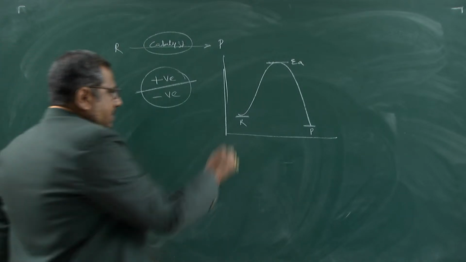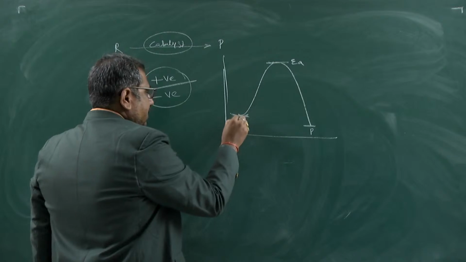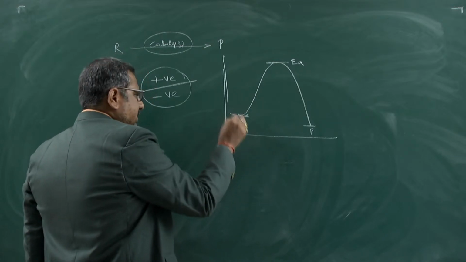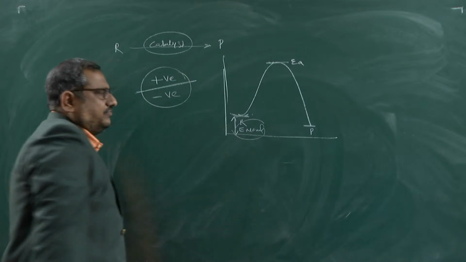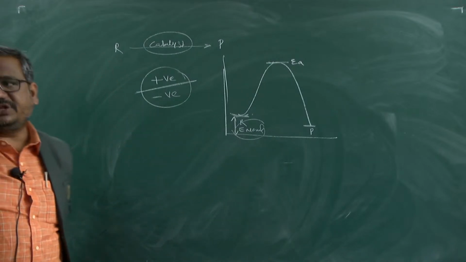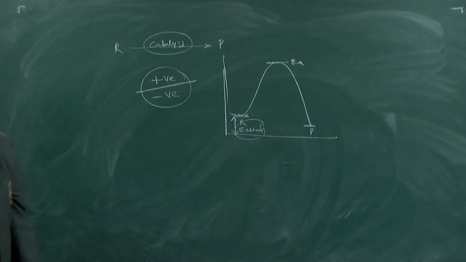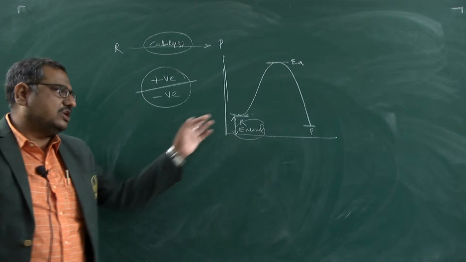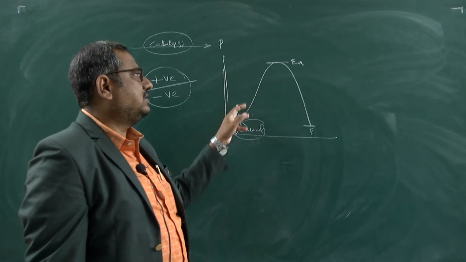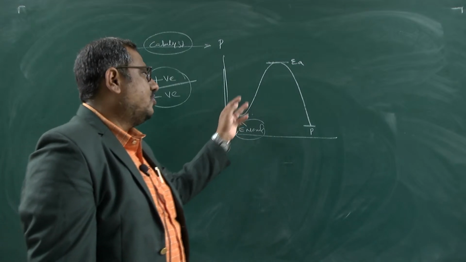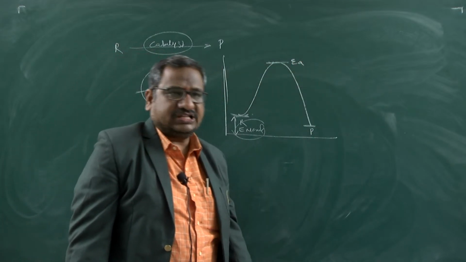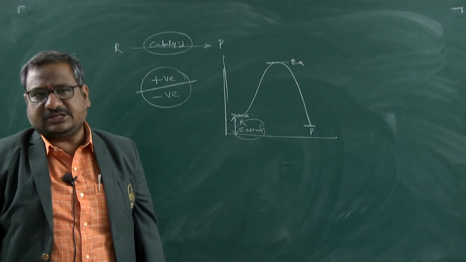Whatever energy a reactant has, that is called normal energy. Every reactant has some amount of energy, that energy is called normal energy. After that normal energy, when it reaches the activation energy, then only it will convert as product. If the molecule does not reach the activation energy, it does not convert as a product.